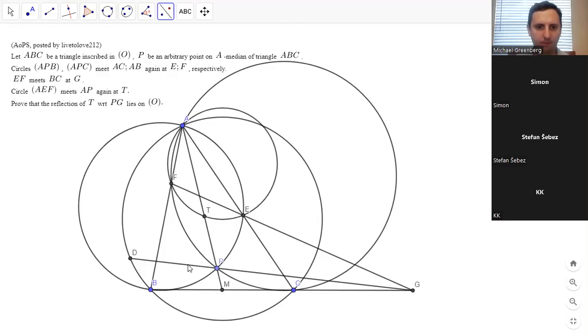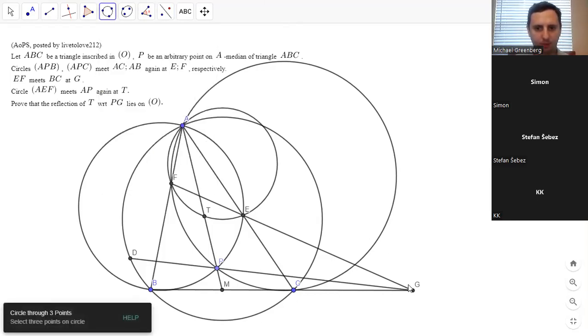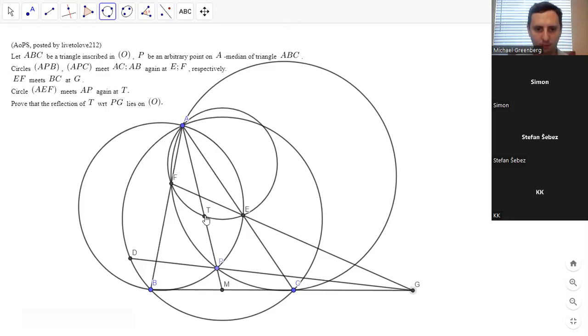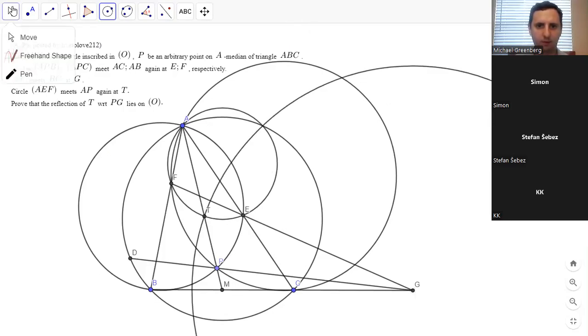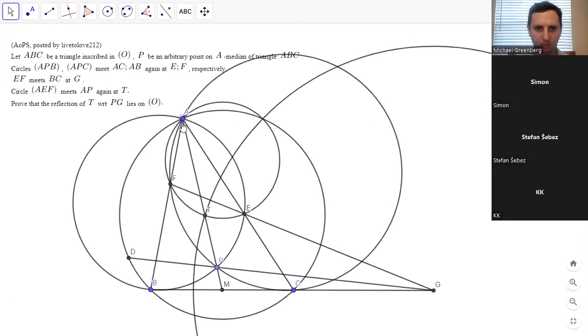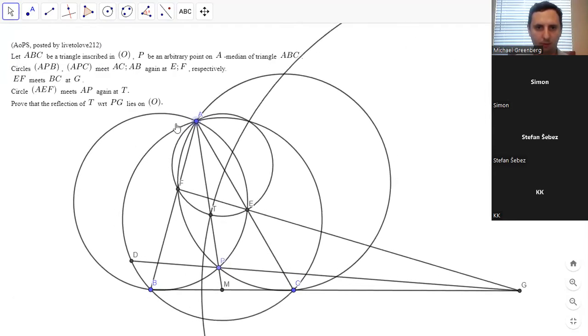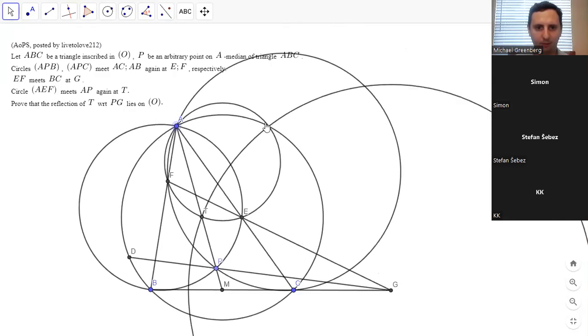Drawing the circle with center G and the radius GT. Oh, whoops. Did the wrong circle thing. Okay. Oh, do these concur? These right here? Looks like they do.